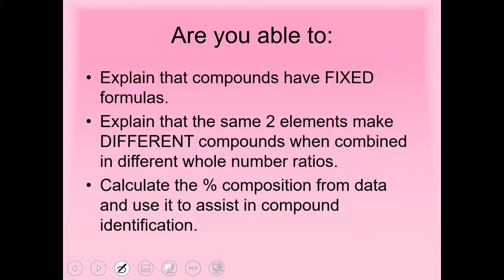So hopefully you are able to explain that compounds have fixed formulas and that 2 elements can make different compounds, even if they're the same elements, as long as they combine in a different ratio. And then work on applying the math to calculating the percentage composition of some compounds.